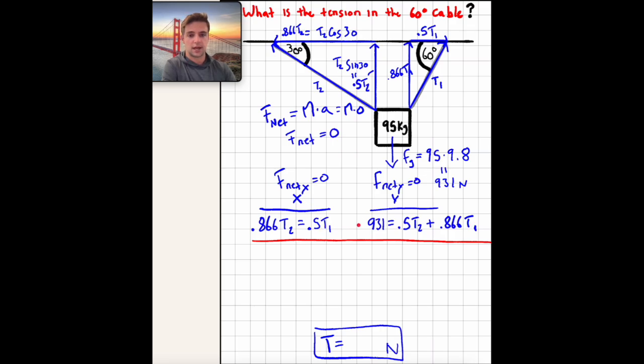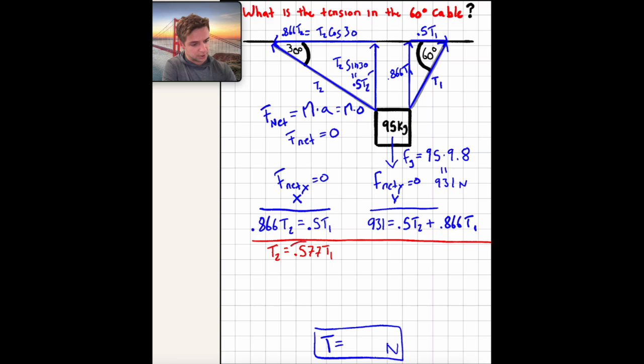The easiest way to do that is going to be to substitute T2 with something in terms of T1. So let's go ahead and solve for T2 in terms of T1 by dividing both sides here by 0.866. If you do that, you get T2 is equal to 0.5 divided by 0.866, which is 0.577 T1.